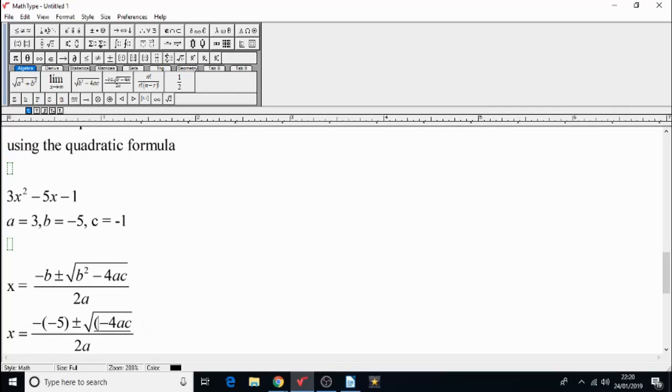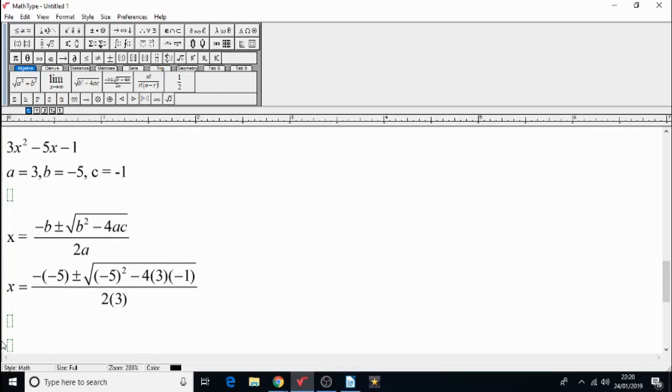That's why. So minus 5 squared minus 4ac. So minus 4 multiplied by 3 multiplied by minus 1. And the denominator will be 2 multiplied by 3.